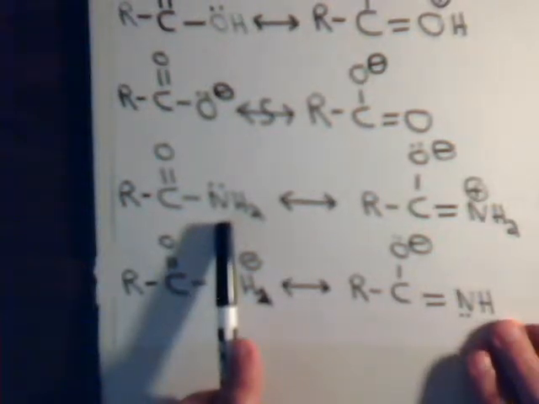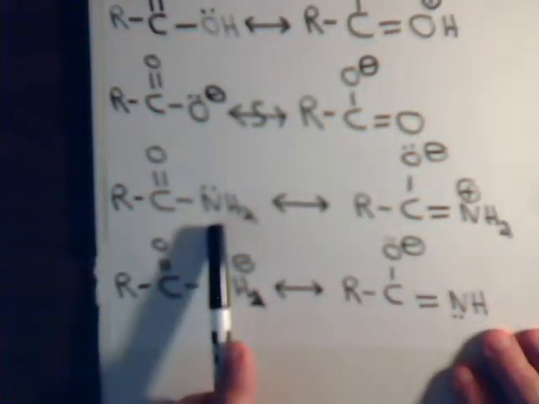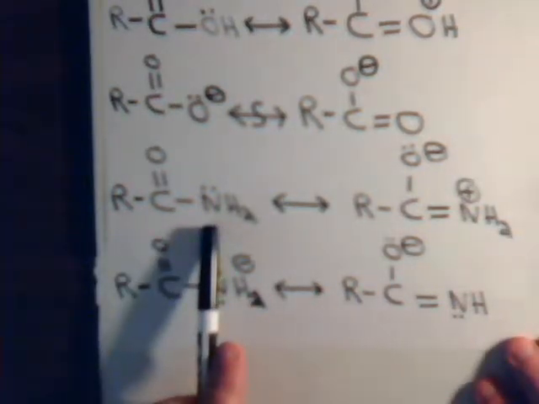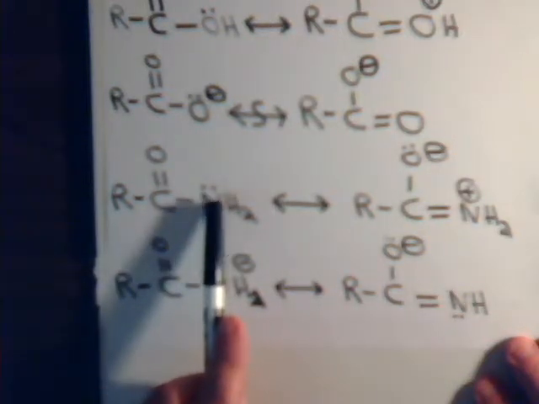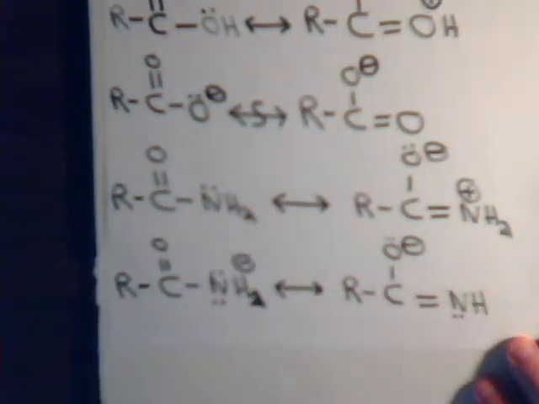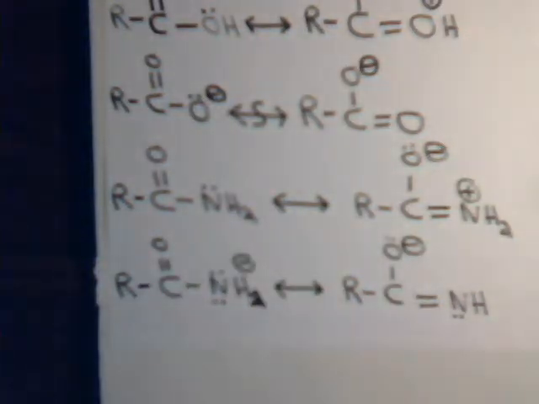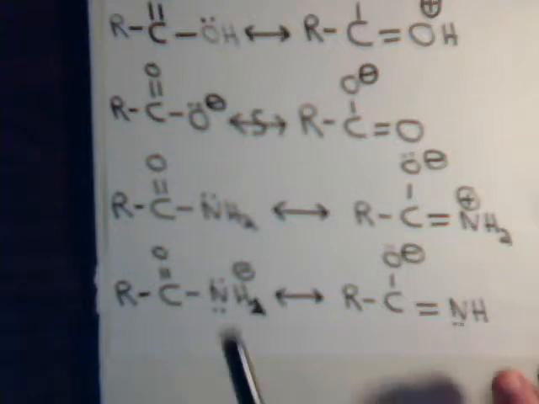But this nitrogen, as we discussed in video number 9, is not sp3 hybridized. This is sp2 hybridized. So this lone electron pair right here, these are pi electrons now. And what that means is that, again, we can have a resonance system set up. So it's what we did before with the carboxylic acid.